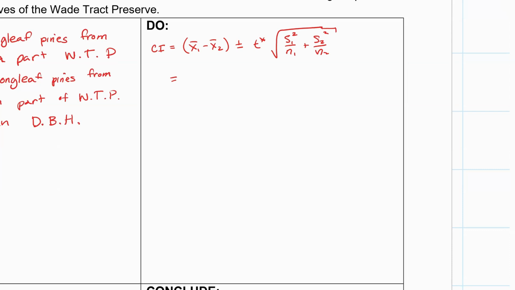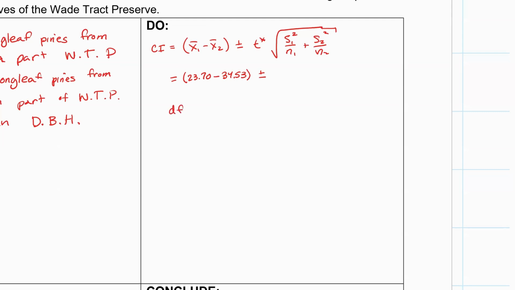And in this case, if we look at the previous page, our mean for the north is 23.70. The mean for the south is 34.53 plus or minus. Now, we got to look up a t star value.